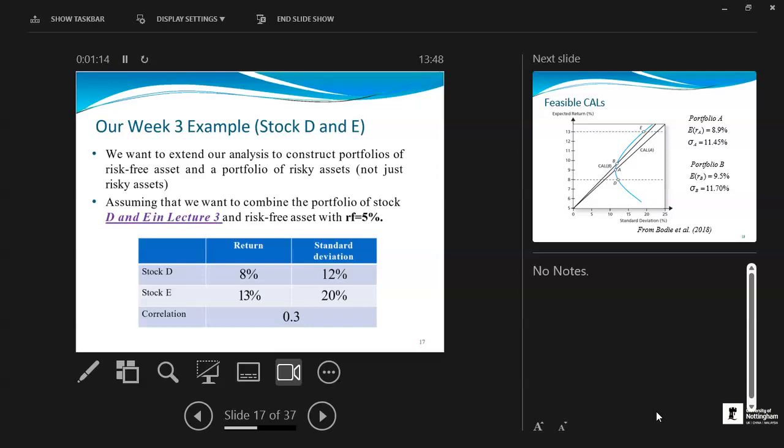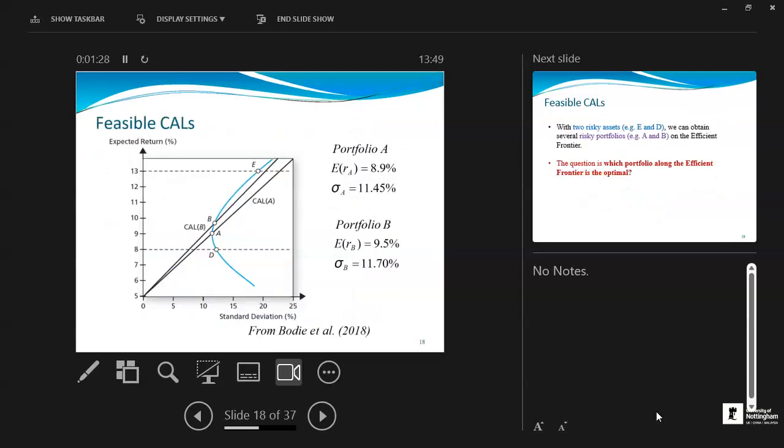Okay, so given that we know the risk, we know the expected returns, and we know the correlation between the two, we can calculate portfolios based on combinations of these two assets. So instead of calculating it numerically, I've shown it graphically here. So what do we have here? On the horizontal axis, we have the risk of the portfolio, and on the vertical axis, we have the expected return.